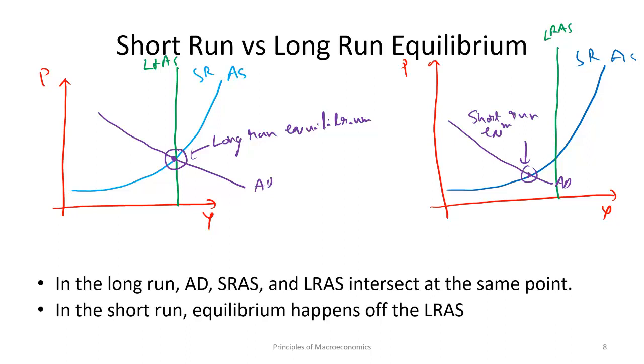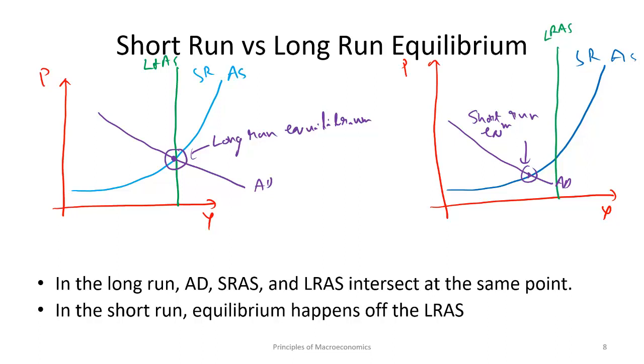So short run equilibrium happens off the long run aggregate supply. That means in the short run, the three curves, that is short run aggregate supply, aggregate demand and long run aggregate supply, do not intersect together. So it only happens off the long run aggregate supply, which is the intersection between short run aggregate supply and aggregate demand. So these distinctions are very important as we move on.